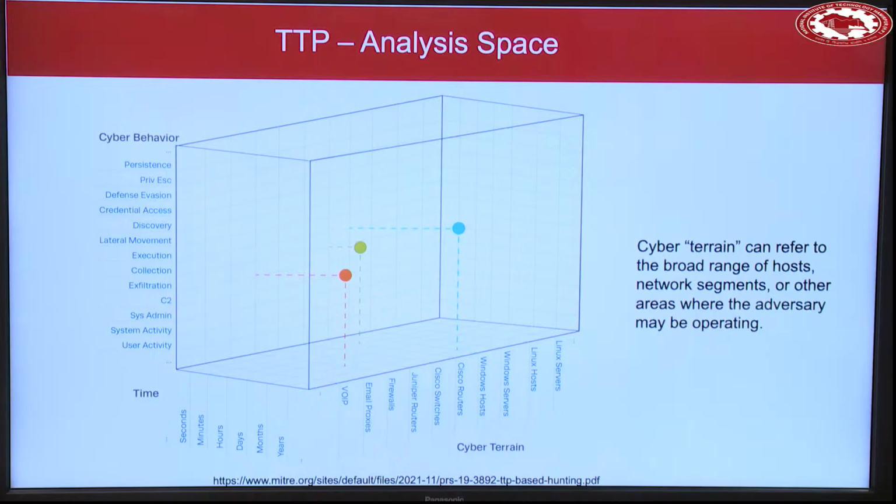And you also look at time. So let's say time here is seconds, minutes, hours, days, and months. Probably I can create this kind of graph to understand what happened in the last 10 years, the last 5 years. What resources were targeted and when, and what were the cyber behaviors.